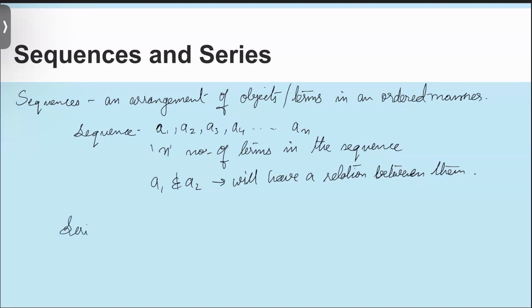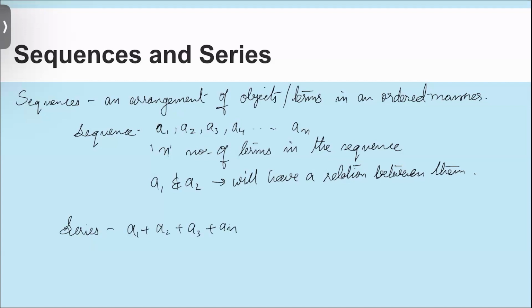We also saw briefly that a series is the sum of all of the terms in a sequence, all the way up to AN. So this is a series. In a sequence, it's only a list of terms, but in a series, it's the sum of all of the terms contained in the sequence.